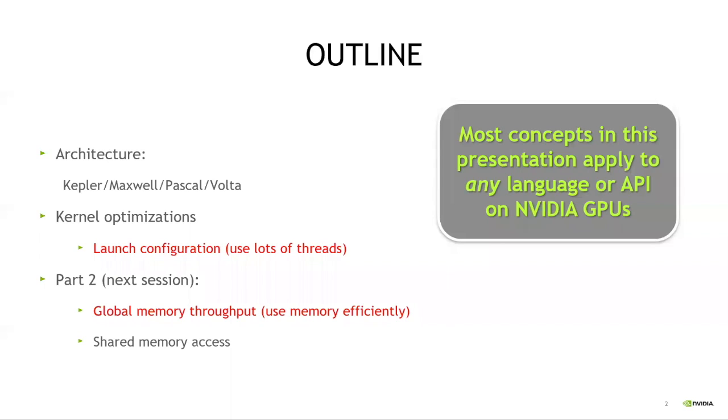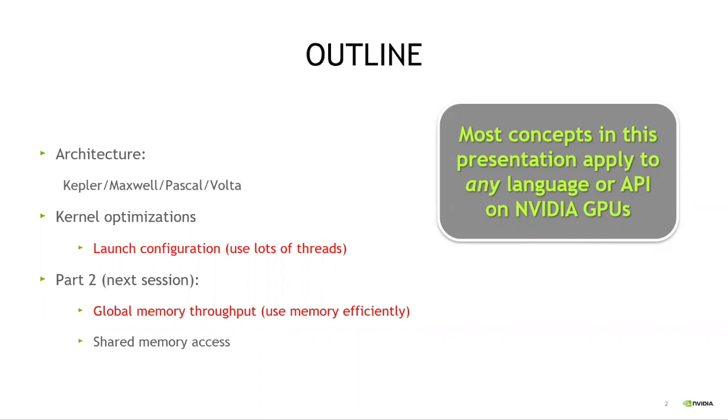If you're working on a different machine, there may be another architecture, and some of these concepts may vary slightly. But in general, the concept of exposing enough parallelism, which is what we're going to cover today, and making efficient use of the memory subsystems, which is what we're going to cover in the next session, is applicable across GPU architectures.